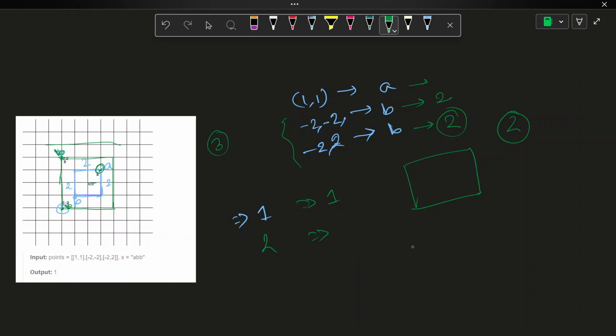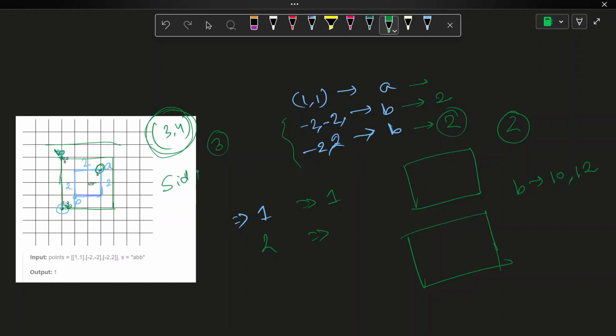So first I will find out the maximum side length I can take. What will be the maximum side length? Suppose for b, the side length is 10 and one other point is 12. One observation: suppose the point is (3, 4). What will the side length be to cover this, or to count it into the square?